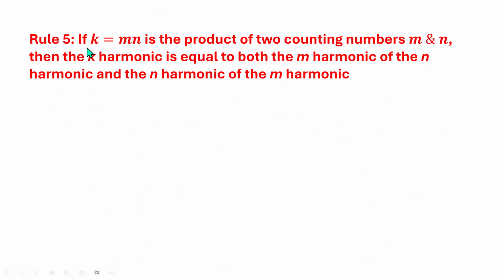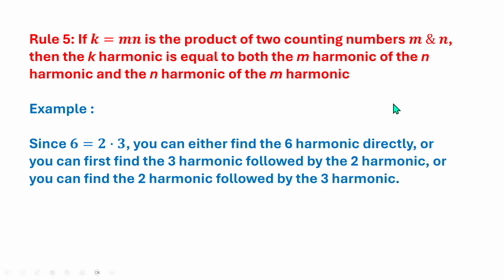Okay, rule 5, I think this may be the last one. If K equals M times N, the product of two counting numbers M and N, then the K harmonic is equal to both the M harmonic of the N harmonic and the N harmonic of the M harmonic. Well, that's kind of a tongue twister, but all it means is that if I'm dealing with counting number harmonics, I can do it all at once or I can do it in stages.